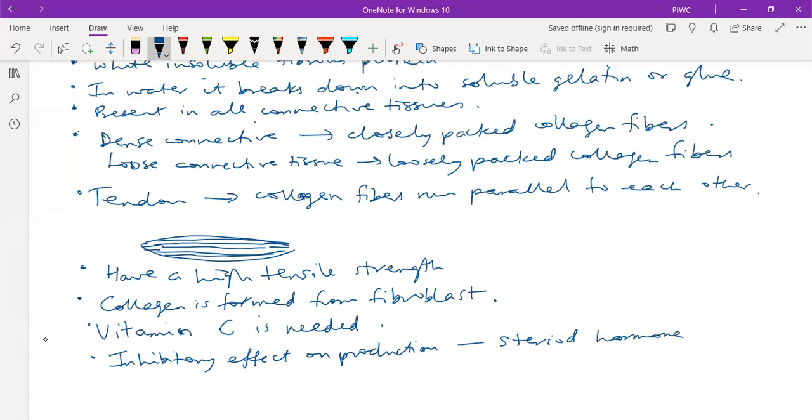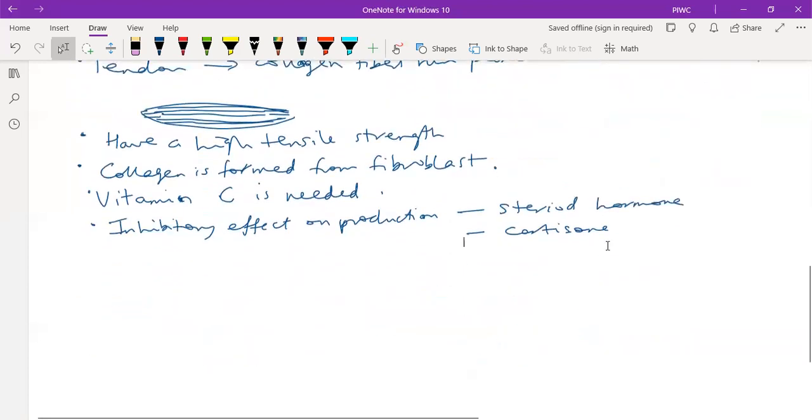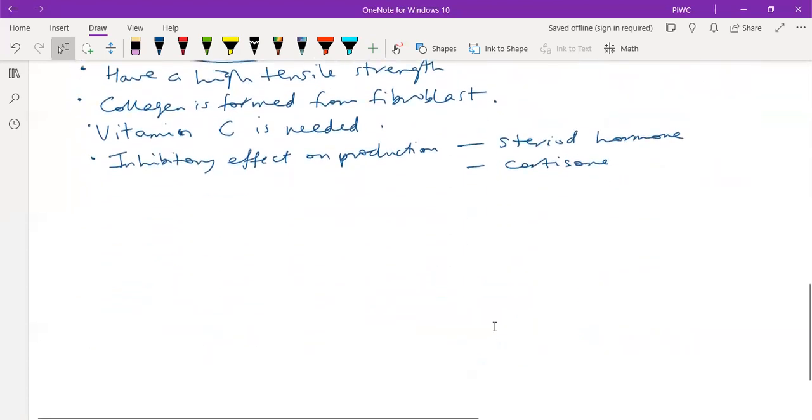That's why they can inhibit wound healing. Cortisol or cortisone can decrease the production of collagen. So this is the overview of the collagen fibers.